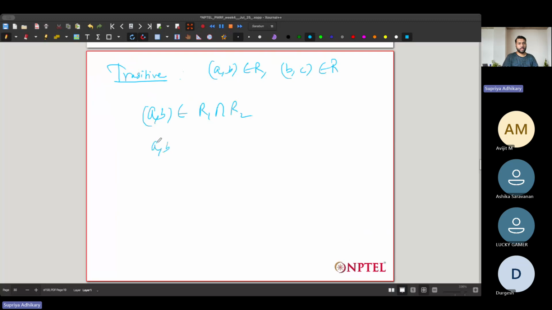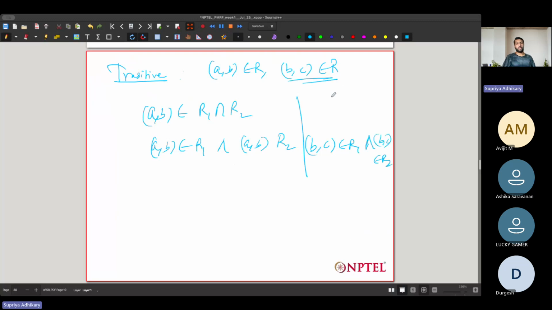That means that AB belongs to R1 and AB belongs to R2. And similarly, we can say that BC belongs to R1 and BC belongs to R2.